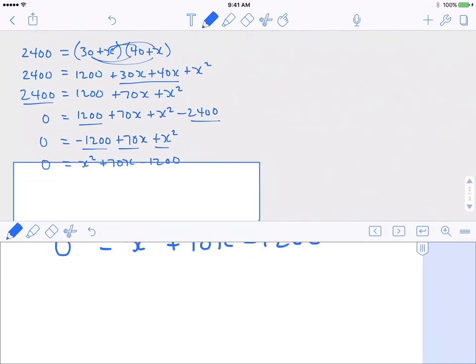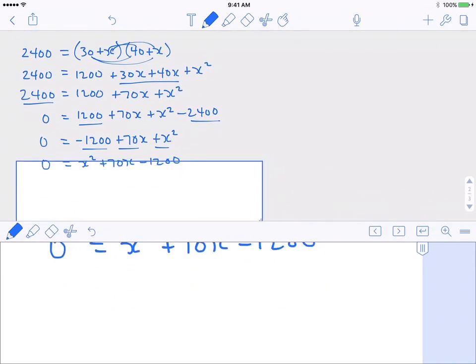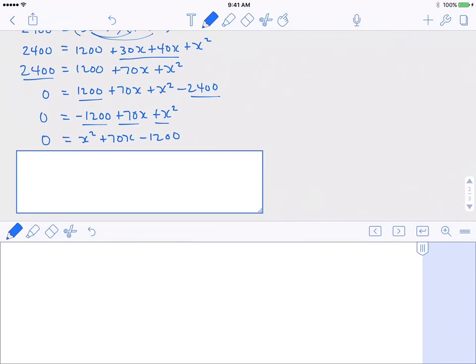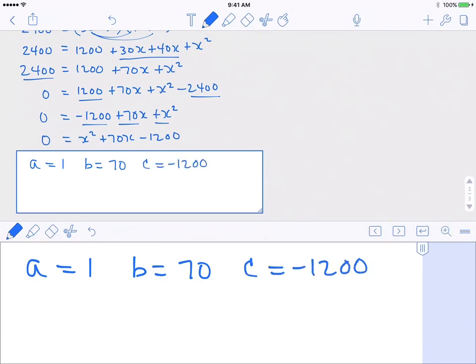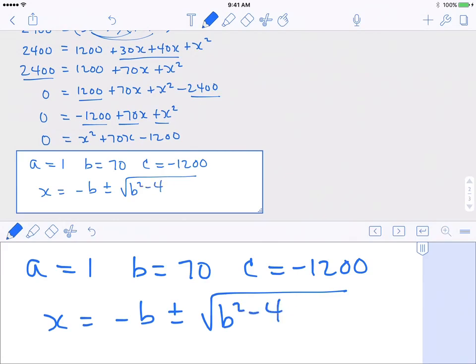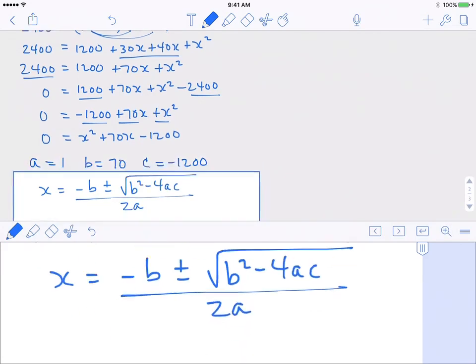This is not factorable, and the numbers are a little bit large to start dealing with, so let's use the quadratic formula. We know a equals 1, b equals 70, and c equals negative 1200. Let's plug that into our quadratic formula, which is x equals negative b plus or minus the square root of b squared minus 4ac all over 2a.